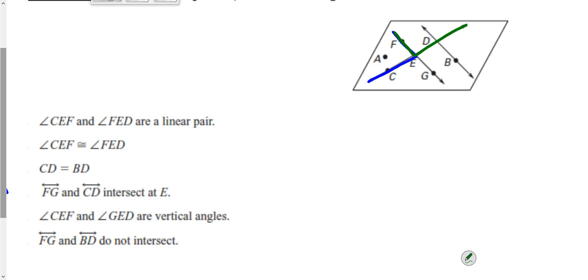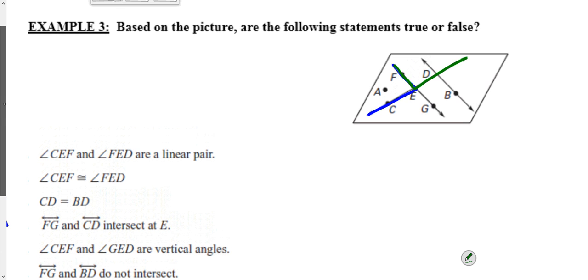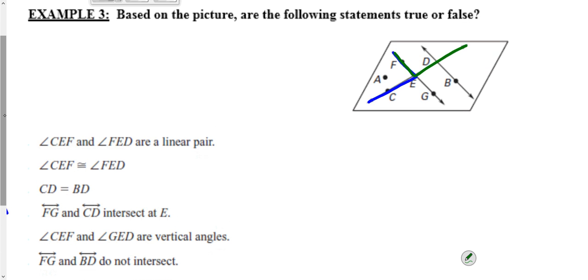Can we assume that those are a linear pair? Or are they a linear pair, true or false, based on the picture? Hopefully you said true. You can see that CD is a line, and CEF and FED make up that line.